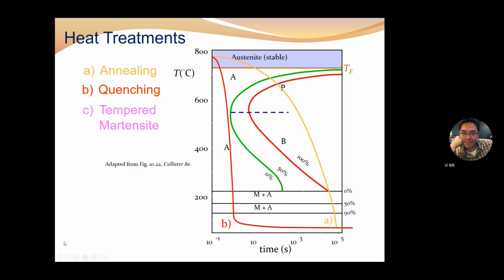And the final one shows the tempered martensite. That means we have to modify the mechanical properties of the martensite structure.